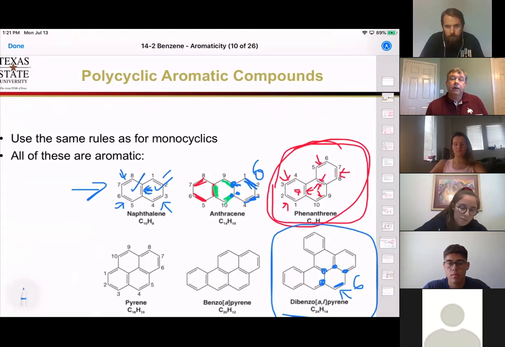That still allows for following the rules for multiple rings. Okay, does that make sense? Right there. Okay, so as long as you're counting, 6 is probably the most common for the set. As long as you're counting those 6 electrons in each of those rings that are planar, you will be able to satisfy your Huckel rules.